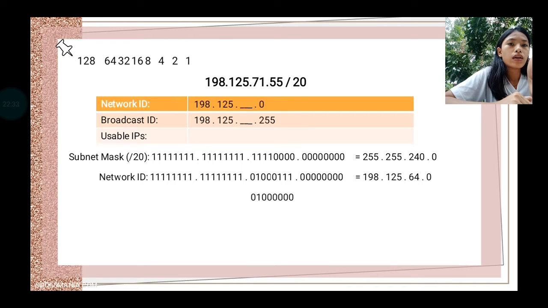So our third octet would be 64 since it is the only one that is turned on.